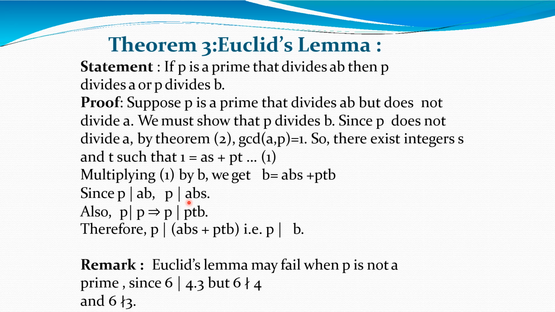For example, 6 divides 4 into 3. So here 6 is dividing the product 4 into 3, but 6 does not divide 4 and 6 does not divide 3. So this is happening because the integer 6 is not a prime integer. So Euclid's lemma holds only when p is a prime integer.